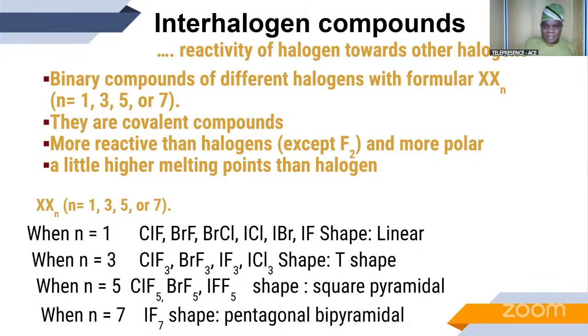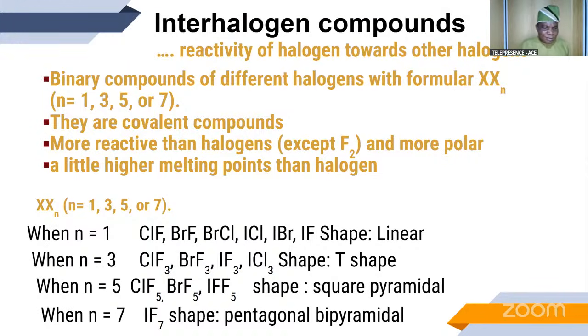But fluorine cannot combine with itself. It is the most electronegative. It can't combine with itself, but can react with all other elements down the group. For instance, you have a compound of chlorine and fluorine.